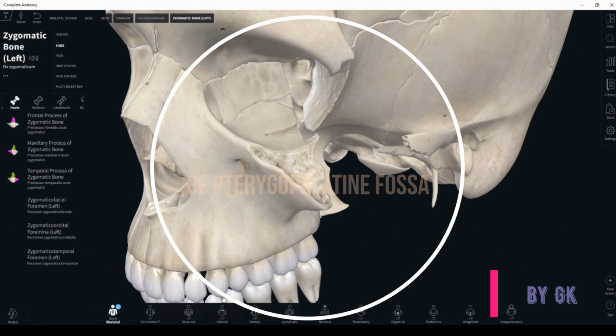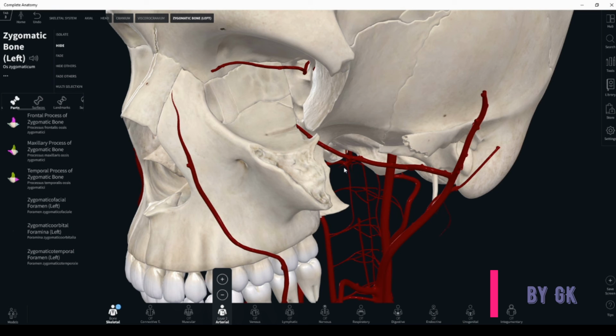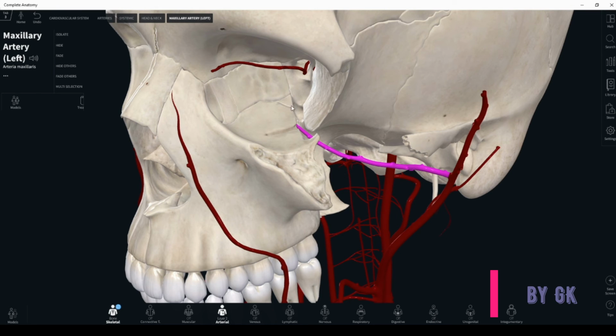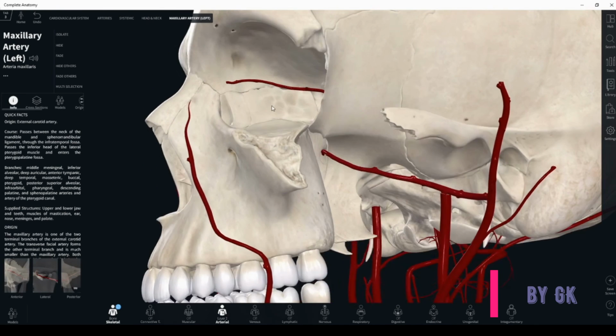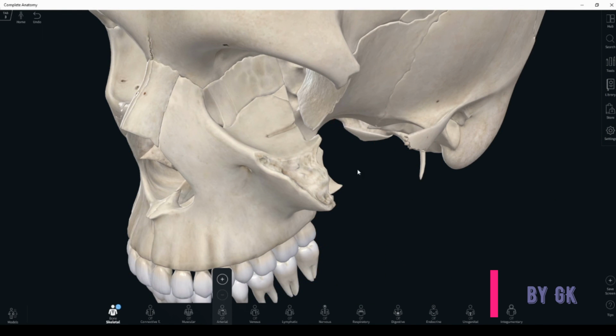Content of the pterygopalatine fossa. Again, mostly the same features: the maxillary artery with its branches passes through the pterygopalatine fossa, and the pterygoid plexus is located the same in the infratemporal and pterygopalatine fossae.